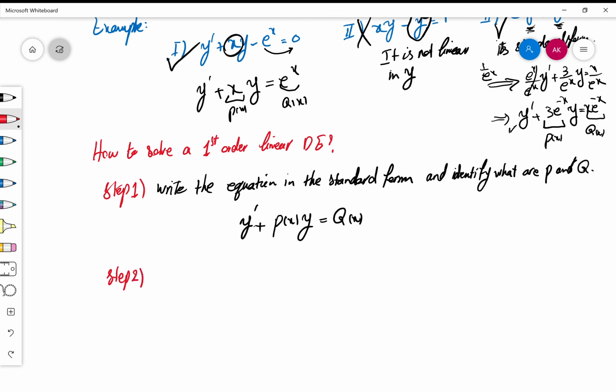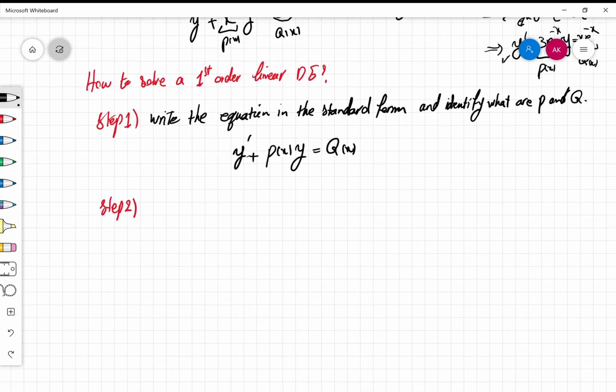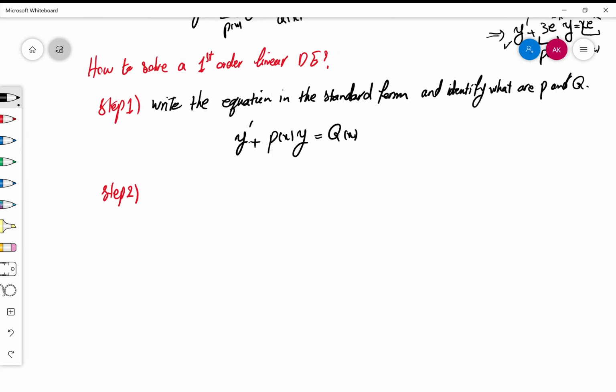The second step: to find a solution for a first order linear differential equation, we need to form a new function. It's not the solution, but it is something that we would use to create the solution. What is that? You first integrate p(x), which will give you a function in x.